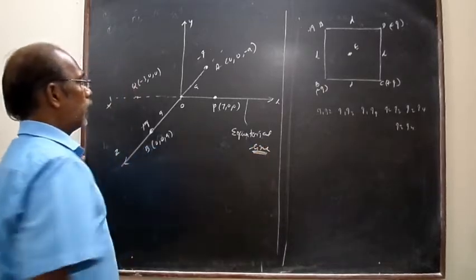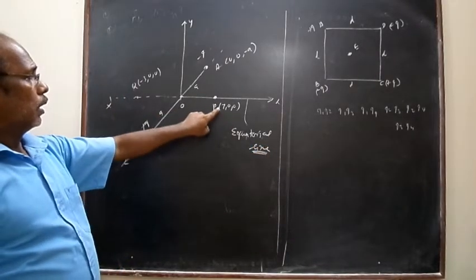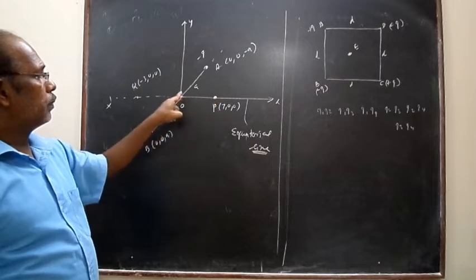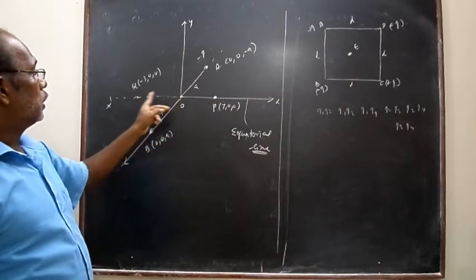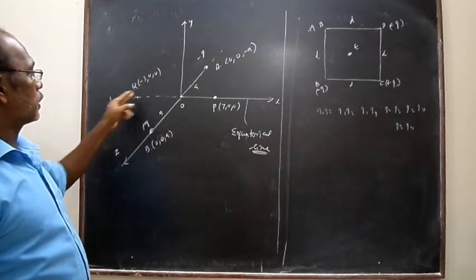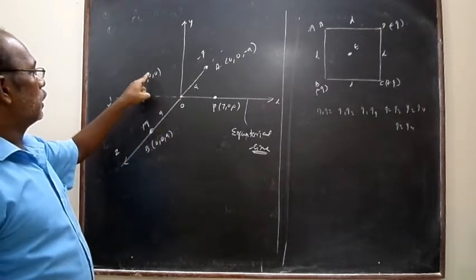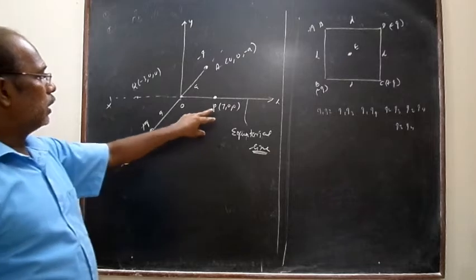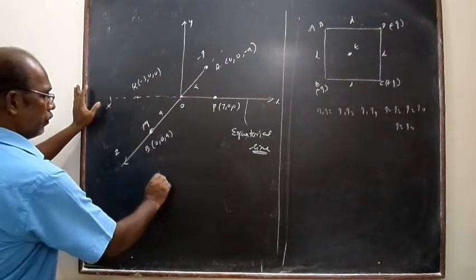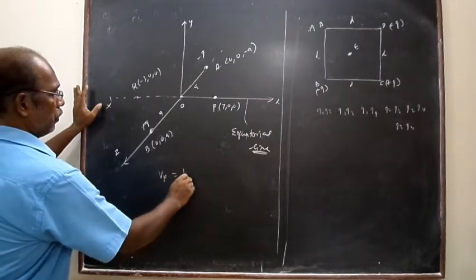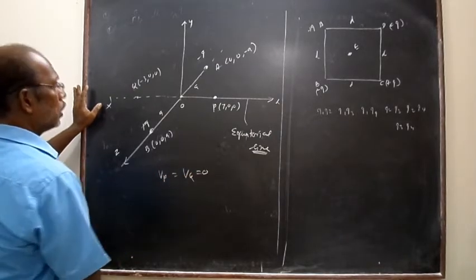In the equatorial line there are 2 points: at a distance of 7 units from the origin, 7, 0, 0, and one more point 3 units along the negative x-axis, minus 3, 0, 0, being the points P and Q on the equatorial line. VP and VQ are both equal.